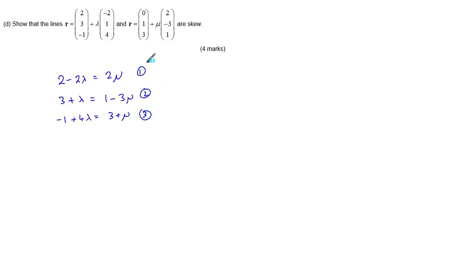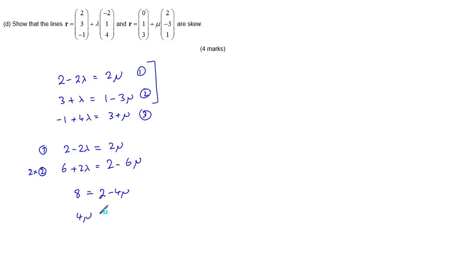So let's try working with these two. So equation 1 is 2 minus 2 lambda equals 2 mu. And if we do 2 times equation 2, that's 6 plus 2 lambda is 2 minus 6 mu. If we add these equations, the lambdas will disappear, and we get 8 is equal to 2 minus 4 mu.